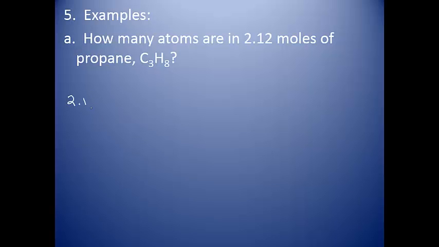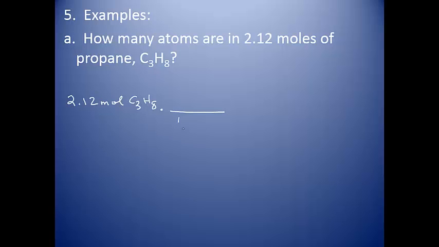We know that we have 2.12 moles of the C3H8. And we want to convert that. First of all, the only thing that we know of that goes with moles is our representative particle, which in this case is going to be a molecule, because C3H8 is a covalent compound.